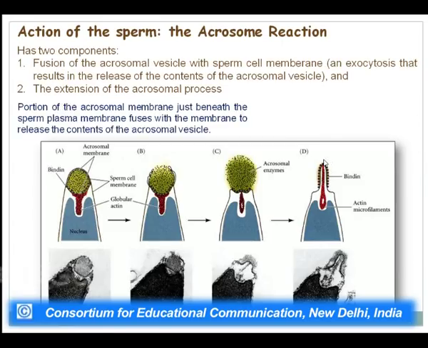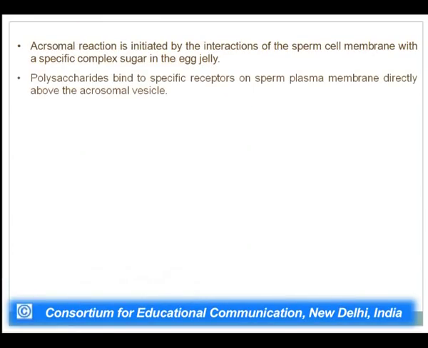and this acrosomal process is also enlarged. The acrosomal reaction is initiated by the interactions of the sperm cell membrane with a specific complex sugar in the egg jelly. So, again recognition is important. The acrosomal reaction will not take place unless the acrosomal tip of the sperm recognizes certain carbohydrate receptors, or special complex sugars, present in the egg jelly.